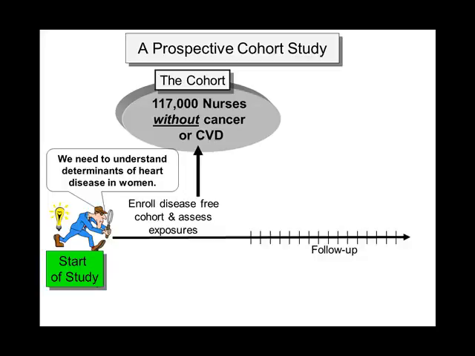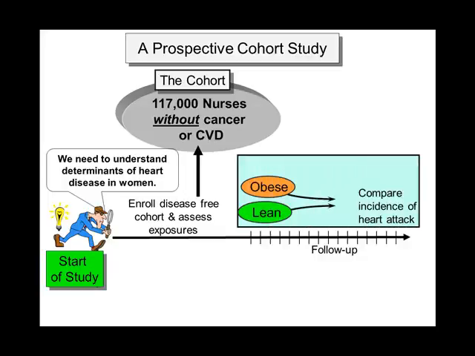After some time had elapsed and health outcomes had begun to accrue, they could then begin to test hypotheses. So, for example, they could take their cohort and group them according to body mass index and perhaps compare obese and lean women to see if obesity was associated with an increased risk of heart attack.